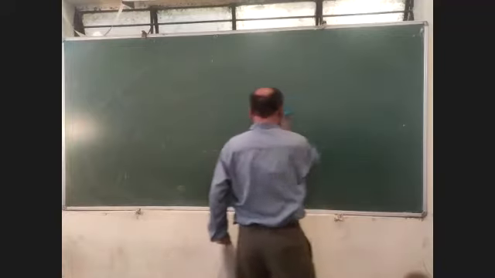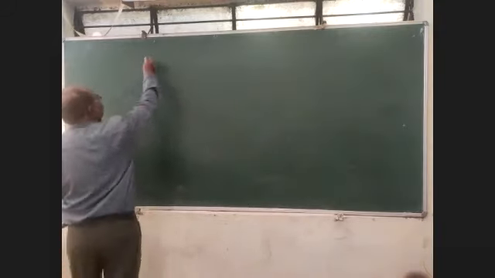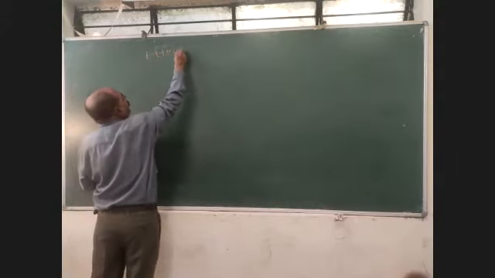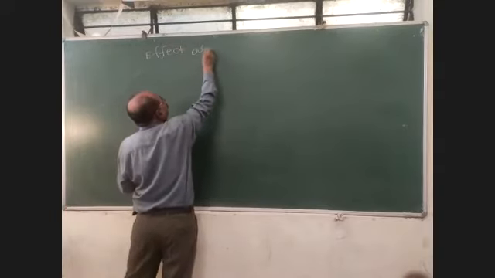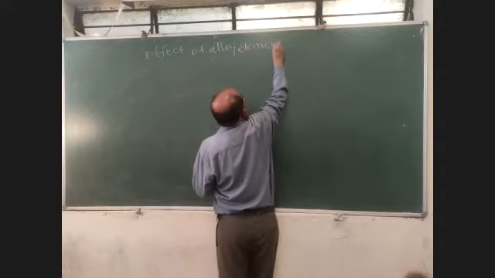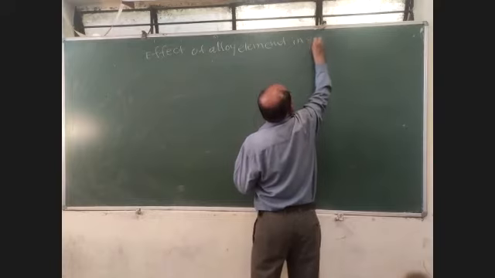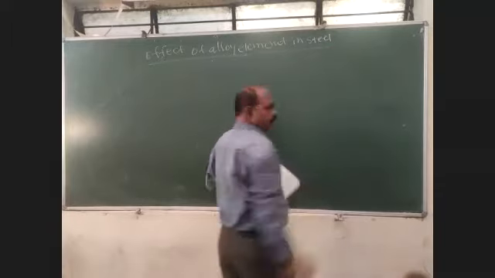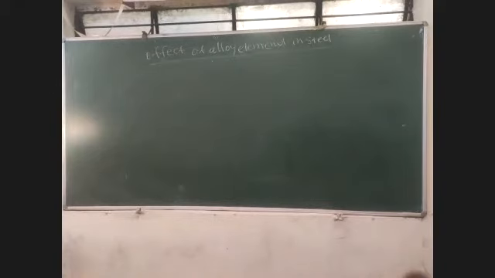So next our point is the effect of alloying elements in steel. This is the next point in our chapter number 2, the effect of alloying elements in steel.